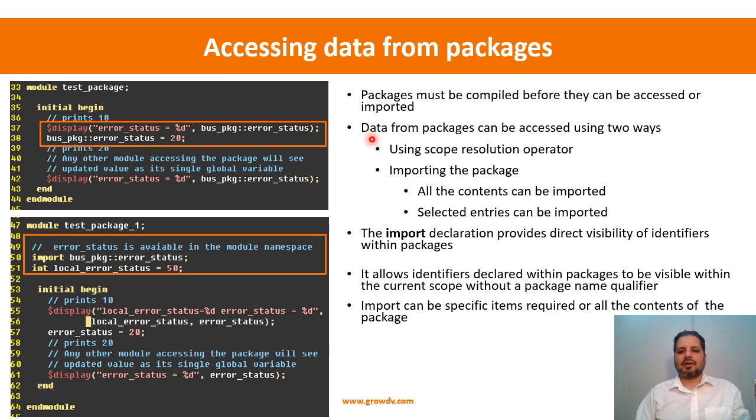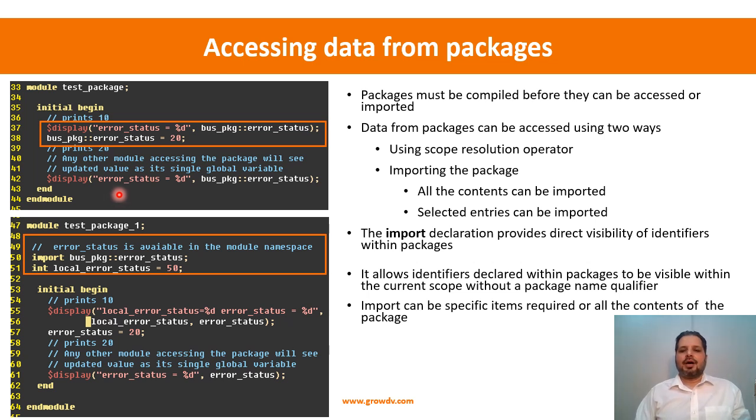Since in the package we have not initialized the int data type, by default it will show the value of 0. Then we are saying bus package, using the scope resolution operator, and then error status, which was one of the variables that we had declared within the package, equal to some value. Then I am able to write to that particular variable, and here I am reading that variable and displaying its value.